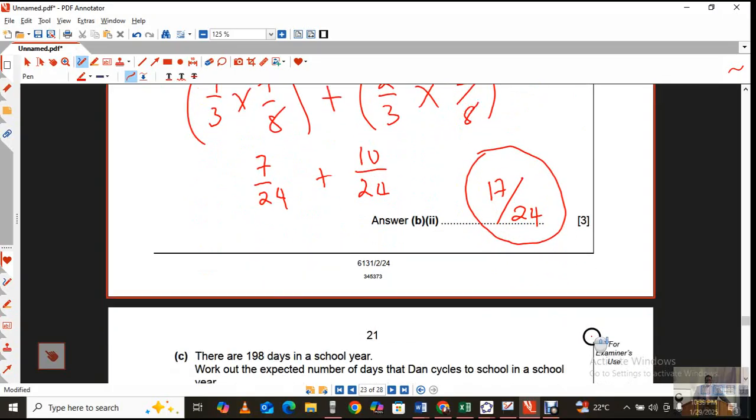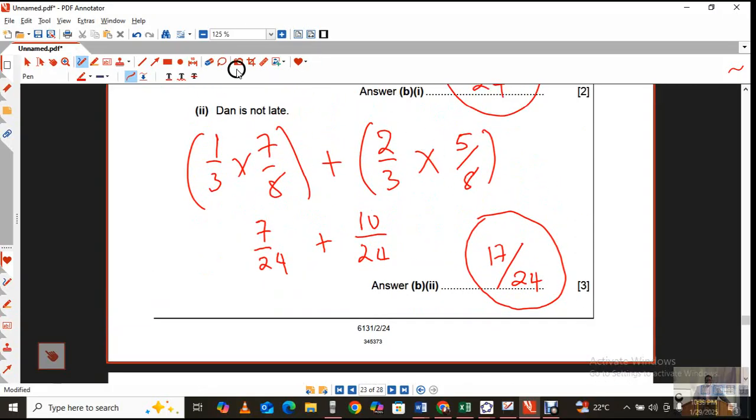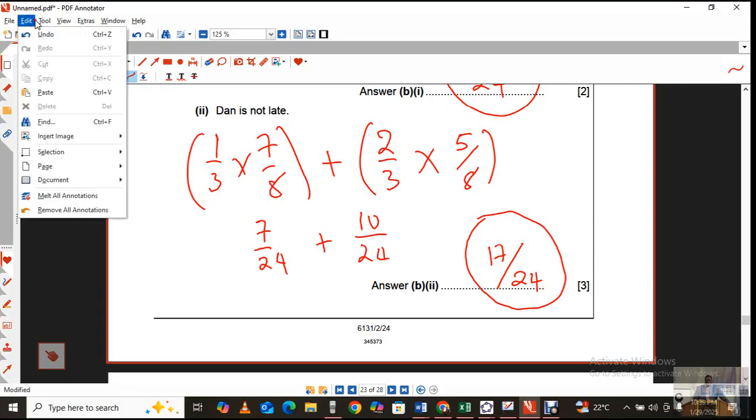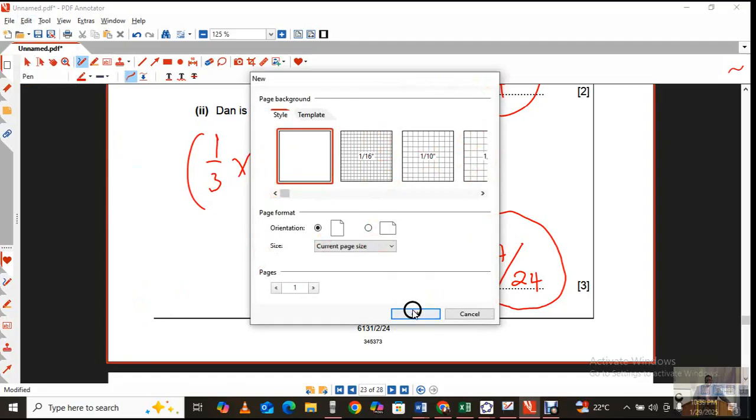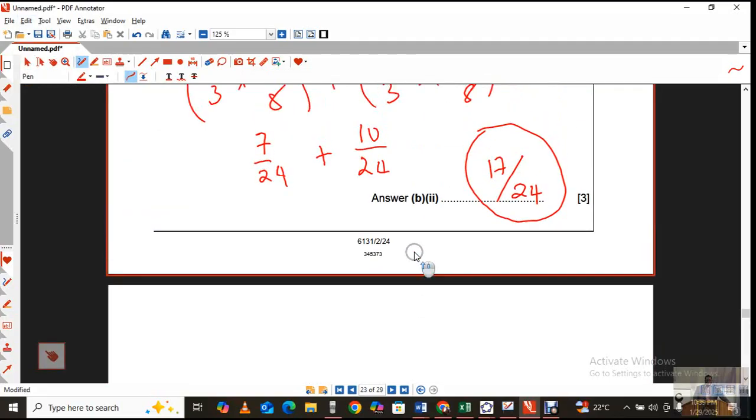I will maybe include a page there so that I can see. Right. There is a way to say, let's suppose we look at the times that he's late, because this one is not late. Okay.